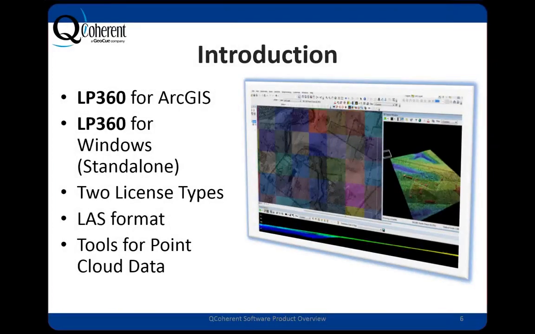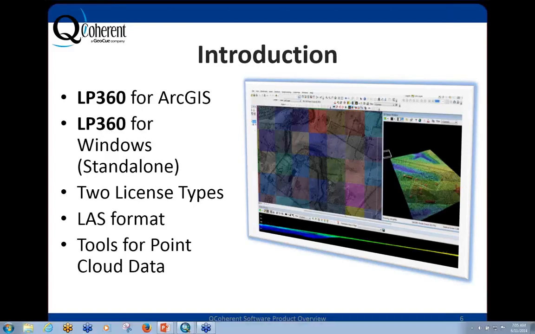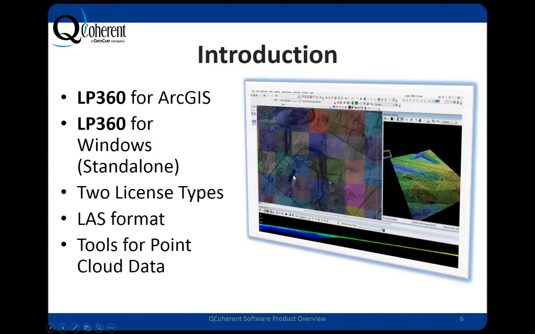As an extension, it can work in ArcGIS, but it can also be used as a standalone version. So if you're evaluating right now, or if you decide to purchase, you have access to 3 versions. You've got the extension, a 32-bit and a 64-bit standalone version. These come as a node-locked or floating version.